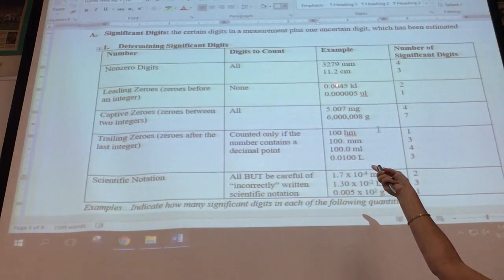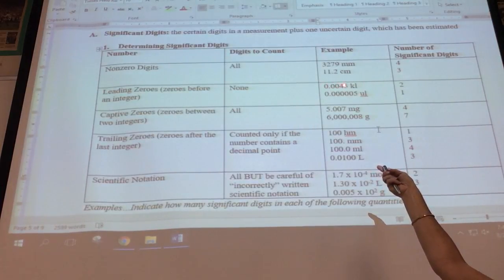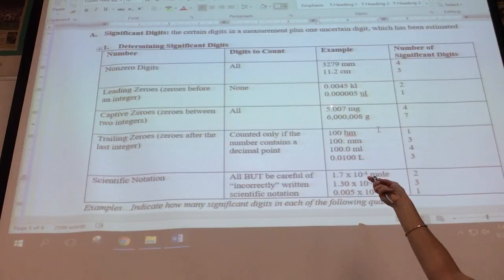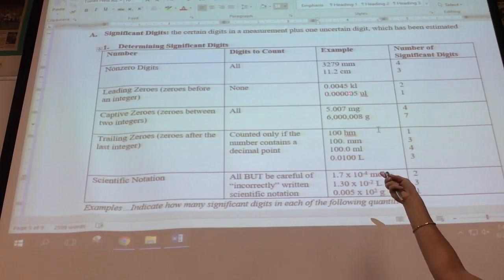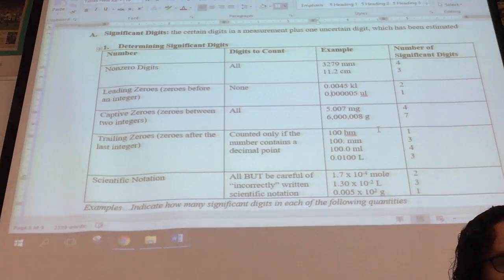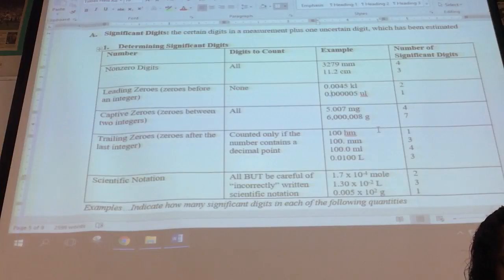We don't count them. We count the non-zeros, 1, 2, 2 sig figs. Same thing here. Leading zeros are losers, we don't count them. We have one significant figure. Leading zeros don't count. Non-zeros do.